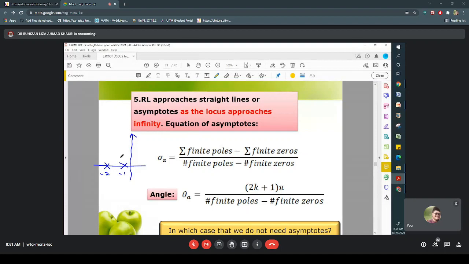Tell me now, how should I draw it? Root locus on the real axis. -1 to the left, -2 to the left, okay.